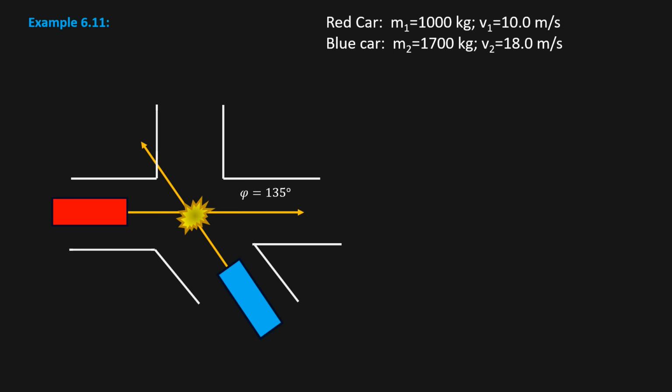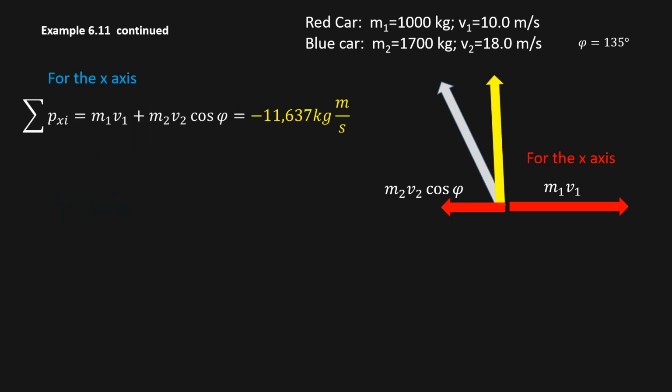Now let's look at an off-axis collision. We're going to start with the x-axis again, m1 times v1 plus m2 v2 cosine phi. They're giving us a phi of 135 degrees. And then the final on the x.